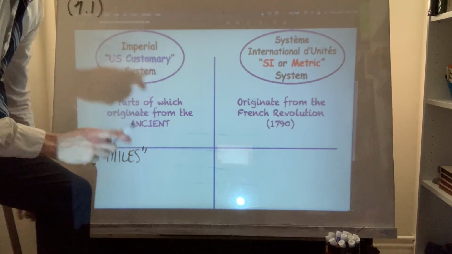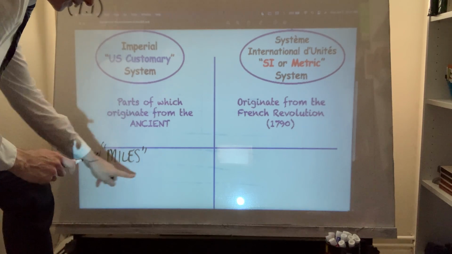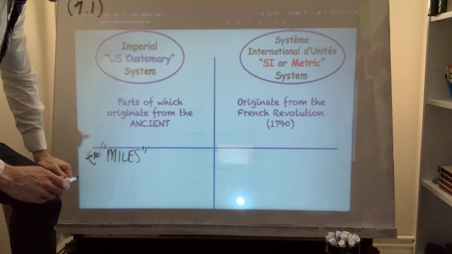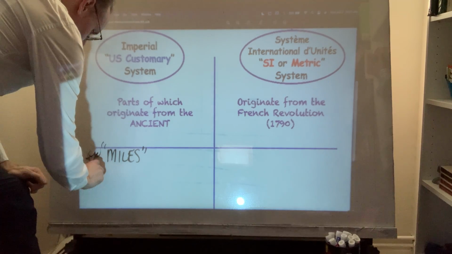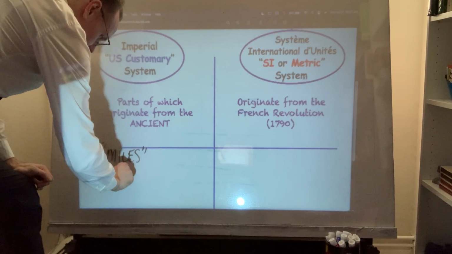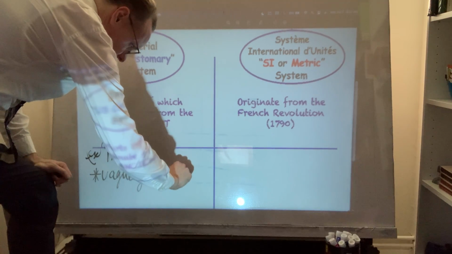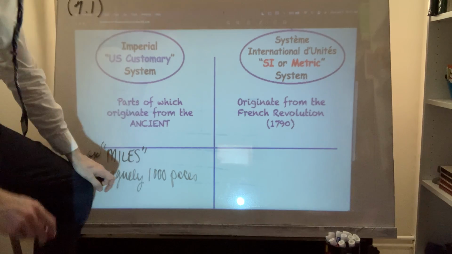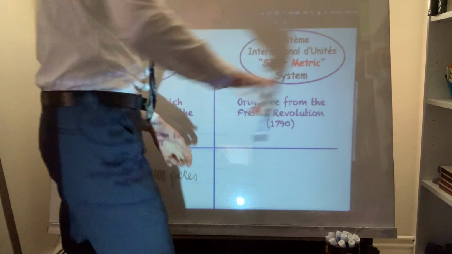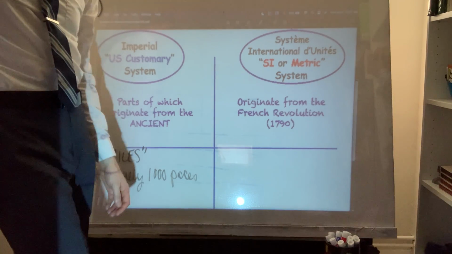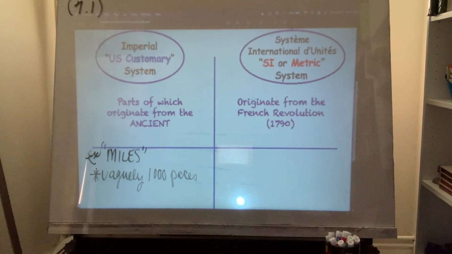It isn't defined exactly the same way, but the concept of a mile goes back at least to Roman times. This was, I would say, vaguely 1,000 paces, however wide a pace is. Somebody's stride might be a little bit wider than somebody else's, but approximately 1,000 paces.